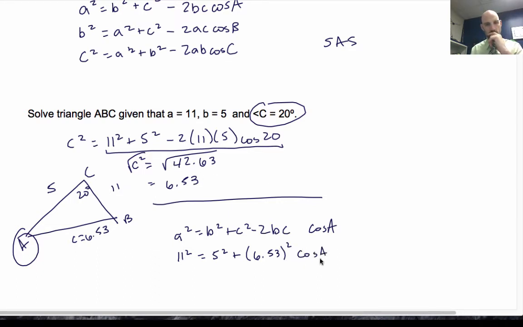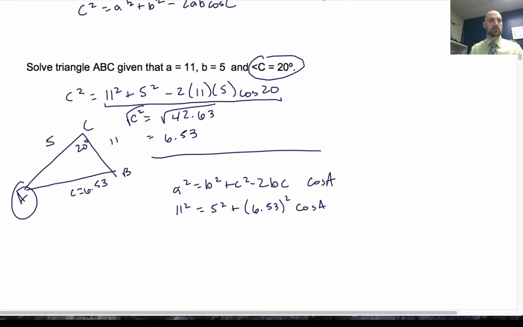Cosine of A. All right, so this is where students get a little bit tripped up sometimes. So you've got to kind of look at what's going on here. Oops, I forgot a part of the formula. I got so excited about the part where you trip up that I tripped up. How about that? So 5 squared plus 6.53 squared minus 2 times b, which is 5, times c, which is 6.53, times the cosine of A.